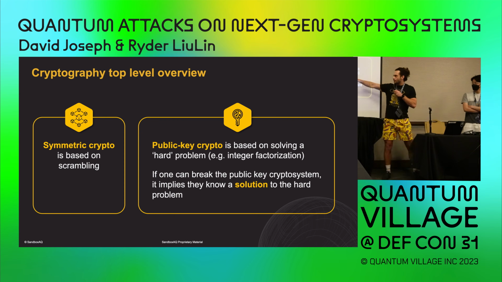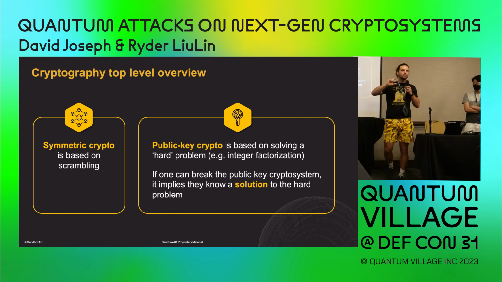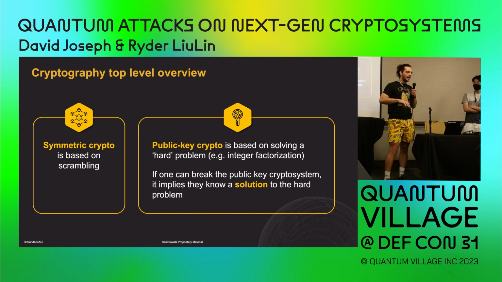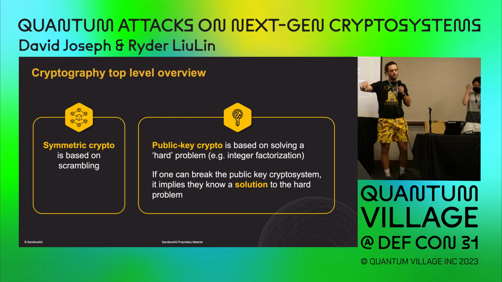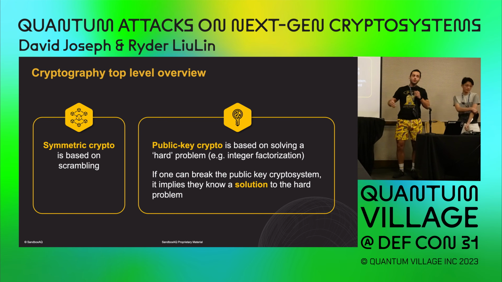Now, the interesting difference about public key crypto is that it's based on some kind of hard mathematical underlying problem, right? So there's some kind of juicy structure, and when you get into this, stuff gets all super wacky, and we're going to dive into that a little bit later. But basically, breaking cryptosystems reduces down to just solving mathematical problems, right?